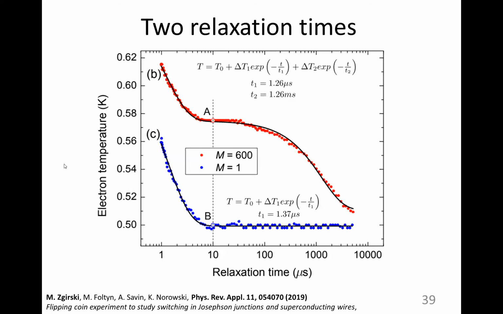Apart from such simple experiments, we can have something a little bit more sophisticated, because we can send one heating pulse prior to testing, but we can send many of them, so 600 heatings before one testing. And in this case, we observe two relaxation times actually. The first relaxation time, as in the case of the single heating, is the electron-phonon relaxation time with the diffusion.